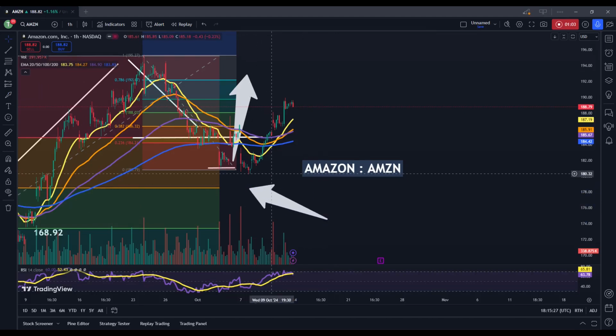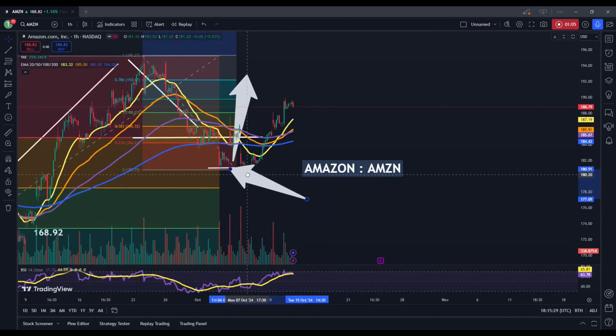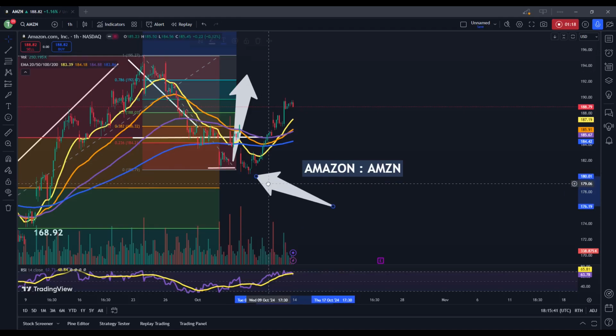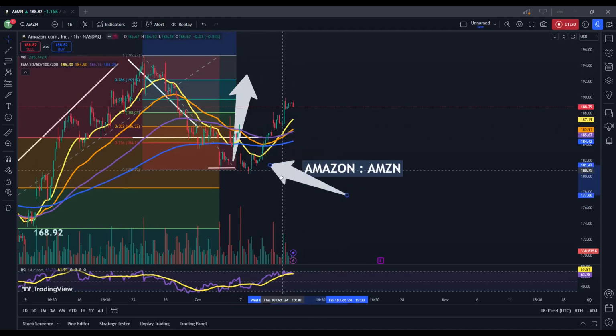So essentially what we were expecting to see here was a bounce off of this support zone coming in at roughly 180.90, roughly 181. And as we can see here, share prices did move slightly below here before bouncing higher.